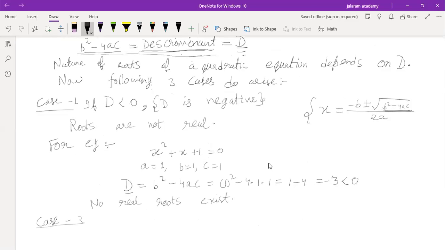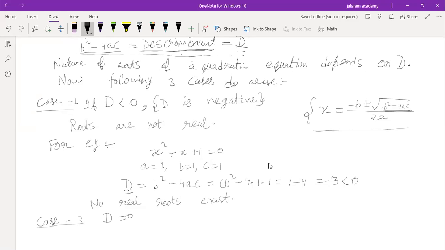Now we will discuss case 2. If discriminant is equal to 0. Okay. If discriminant is 0, look at this Sridharacharya formula: x equals to minus b plus minus root b square minus 4ac upon 2a.